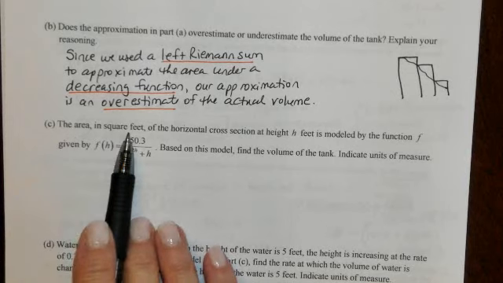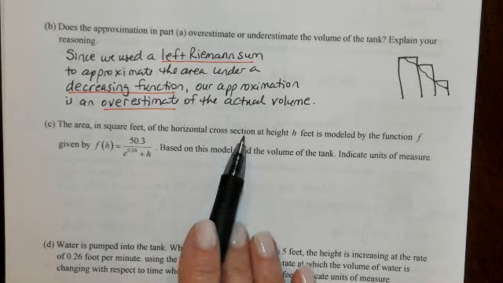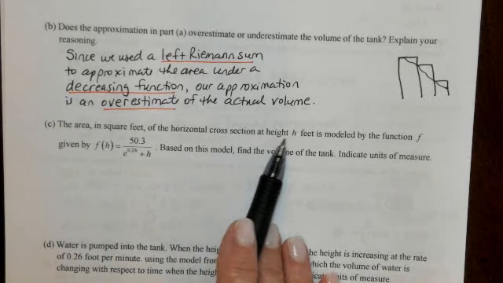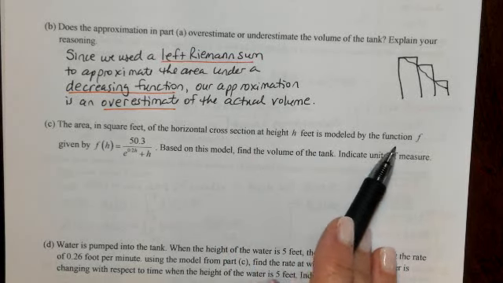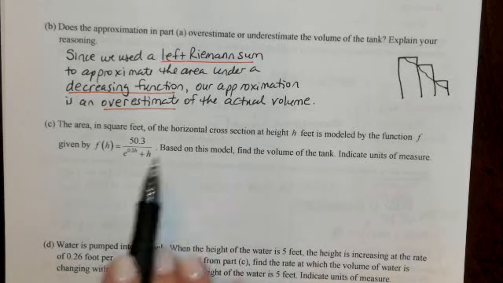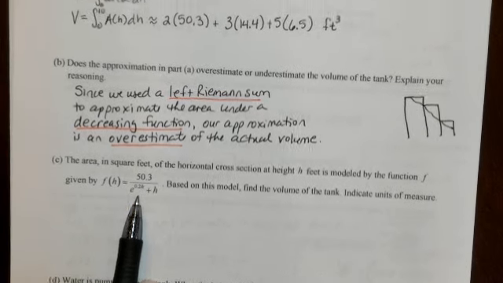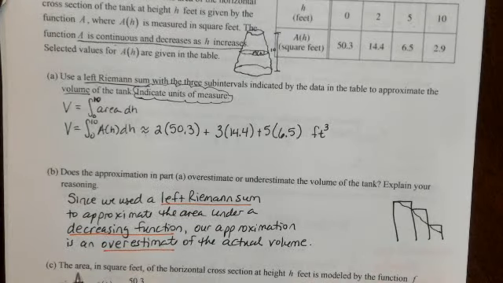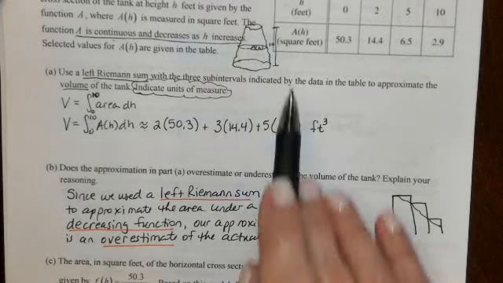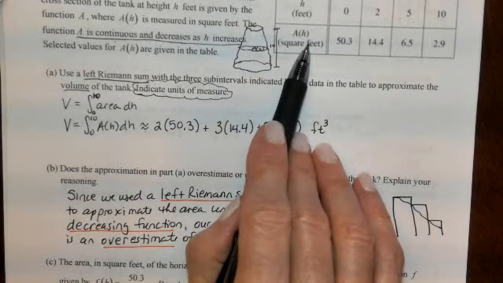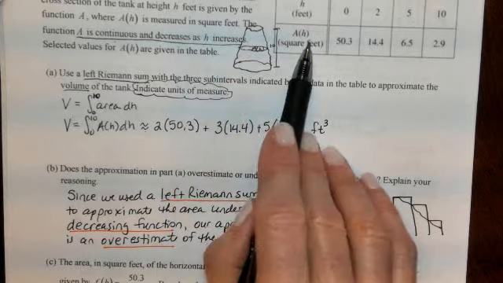Part C. The area in square feet of the horizontal cross section at height h is modeled by the function f, given by this. Well, that's interesting because that's exactly how they described A up here in the table, right?